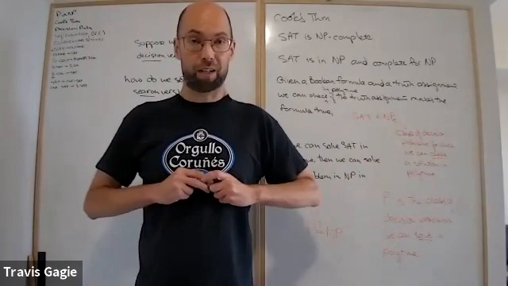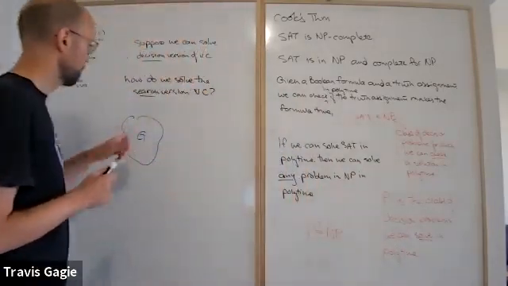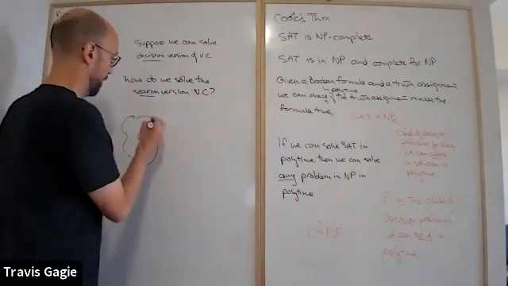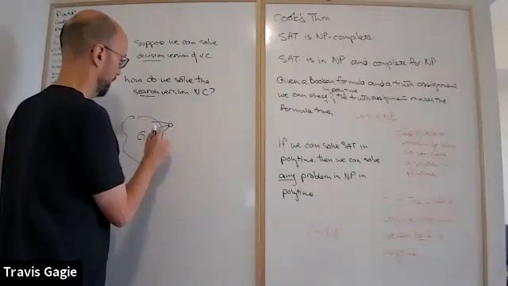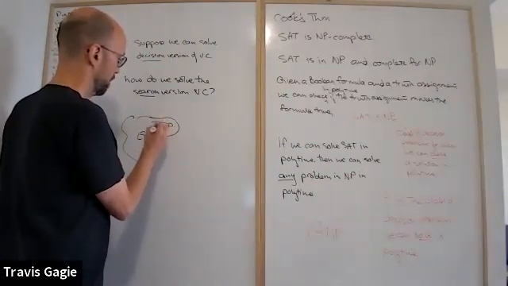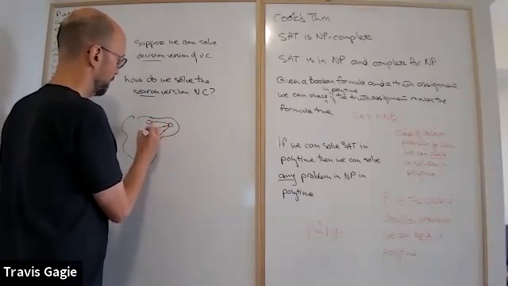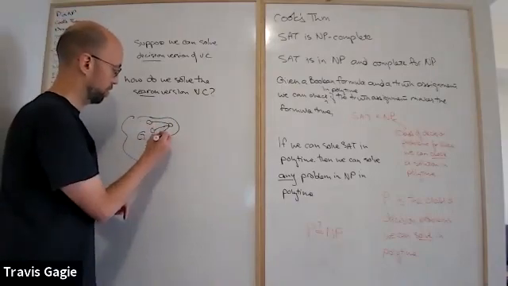If there is a vertex cover of size K, then what you're going to do is pick some vertex V in G. You pick some vertex. It's connected to a bunch of other vertices.